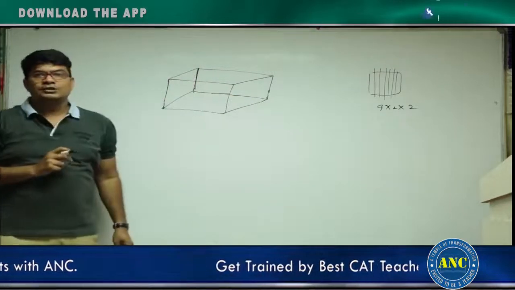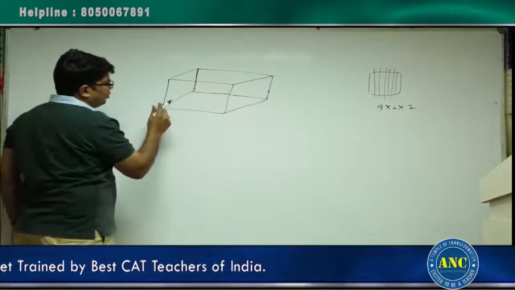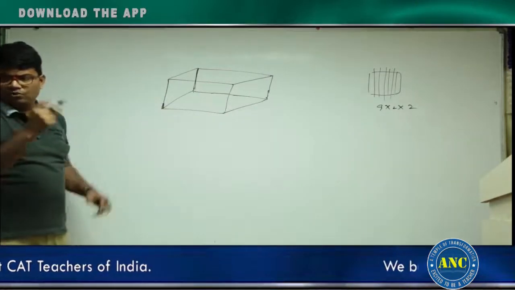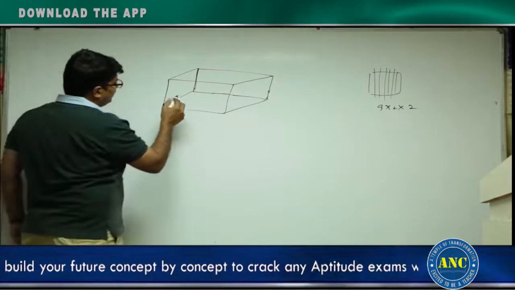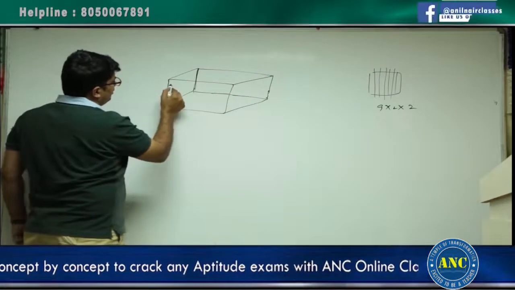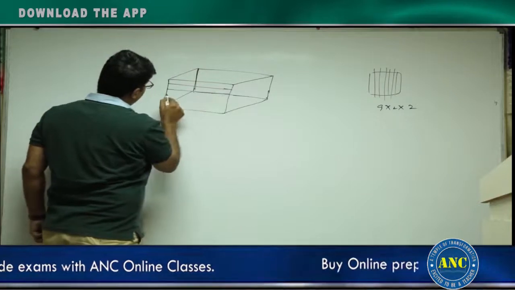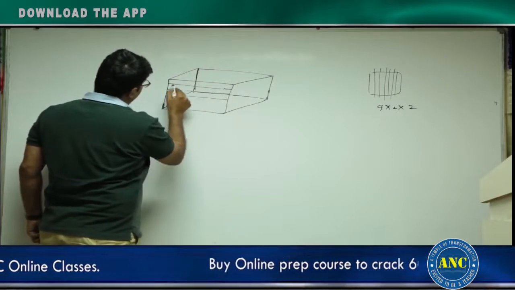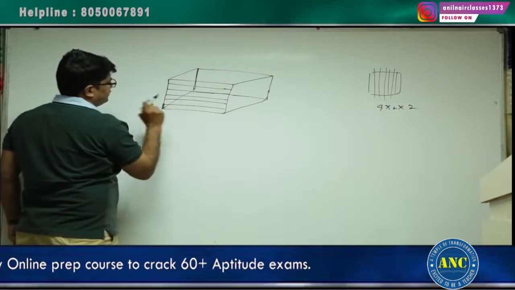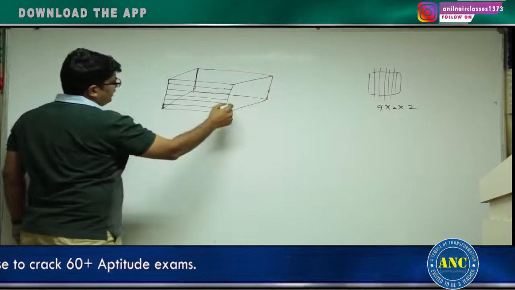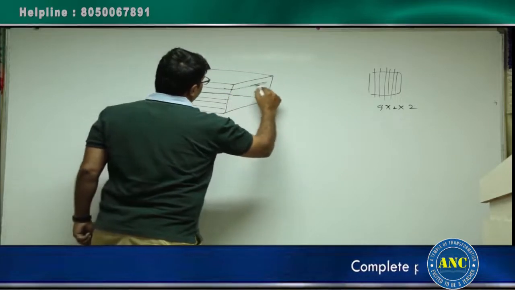So imagine you have small cubes here. You know the Rubik's cube? Just imagine like that. For mathematical sake, let me divide this into 1, 2, 3, 1, 2, 3, 4, 5, 6.